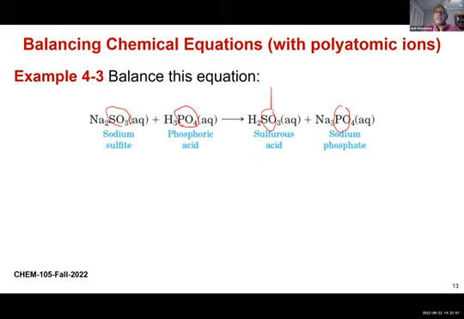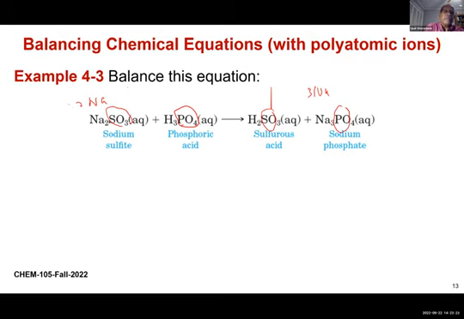phosphorus and oxygen. In this equation, sodium is 3 sodiums here, 2 sodiums here. How do you balance now? You cannot just multiply by a common factor to make them equal. You have to cross multiply.